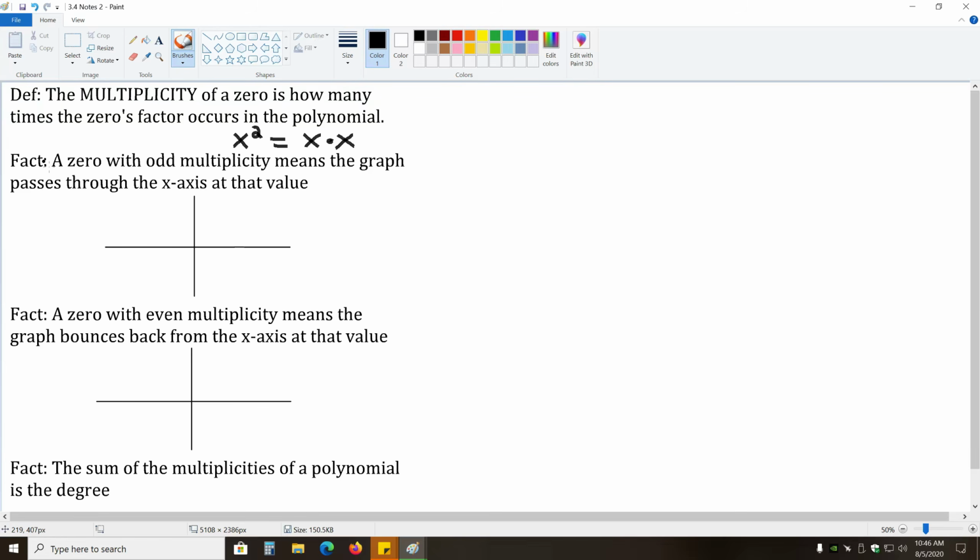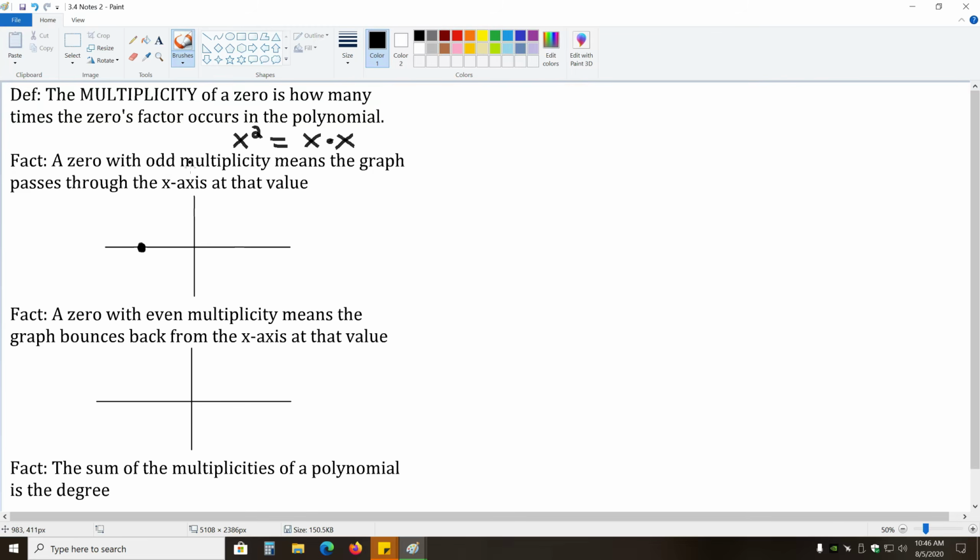So from here, we say that a 0 with odd multiplicity means the graph passes through the x-axis at that value. So this is going to help us figure out how to graph a polynomial based on its zeros and multiplicities. So if a 0 has an odd multiplicity at some x-intercept, let's say we have the following x-intercept right here.